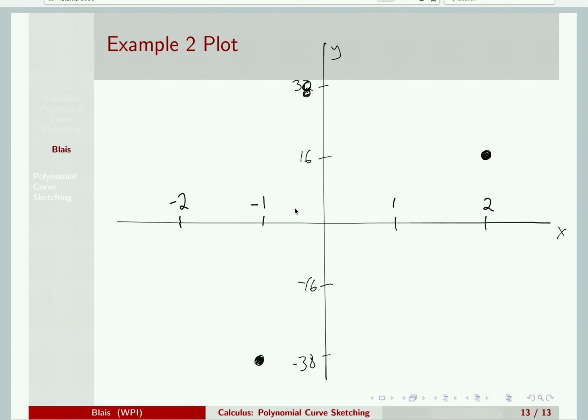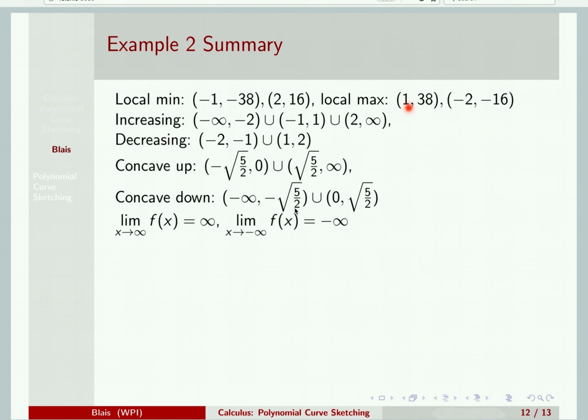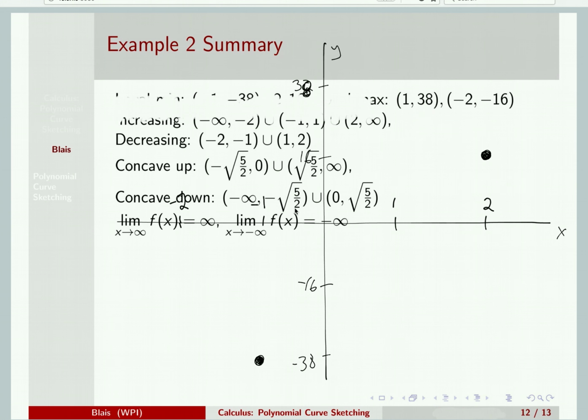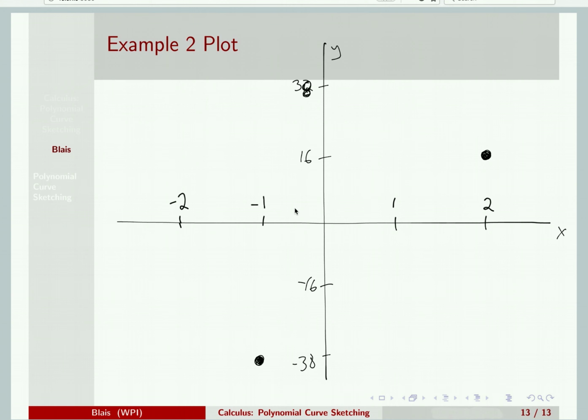We had local maxima at 1, 38 and minus 2, 16. So minus 2, 16, we have a local maximum. And at 1, 38, we have a local maximum.